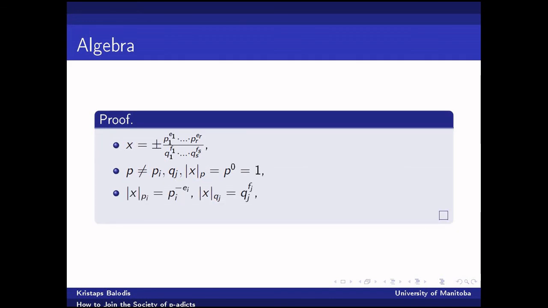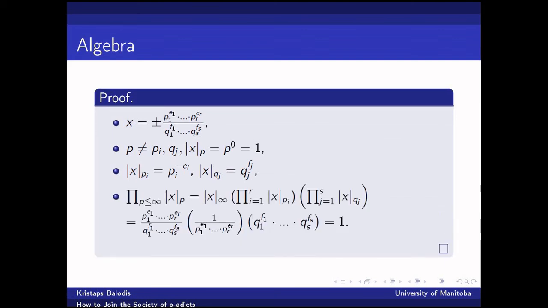Now, if we consider the p sub i-adic valuation of x, we can see that it's just going to be p sub i to the negative e sub i, and we get a similar relation for the q sub j-adic valuation of x. So then, putting things together, we have the product of all the valuations of x.